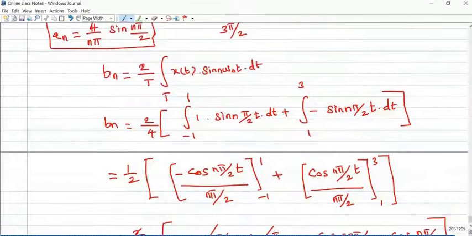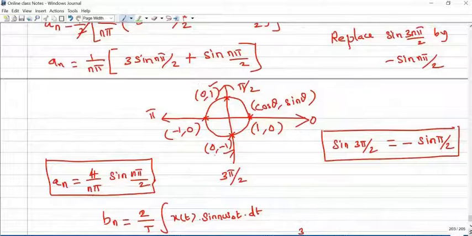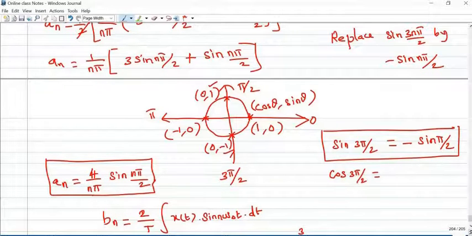Cos 3n pi by 2. What is the value of cos 3 pi by 2 from this? What is cos 3 pi by 2? 0 comma minus 1. Cos theta comma sin theta.